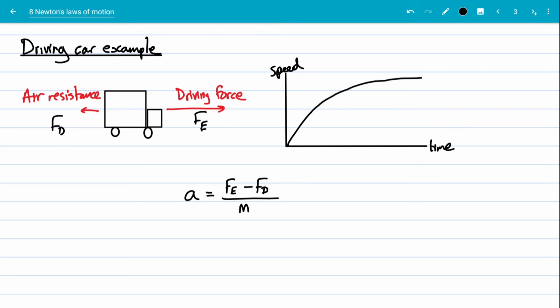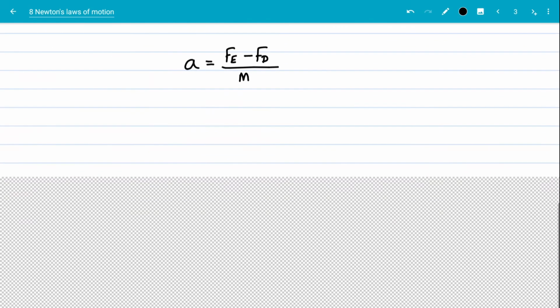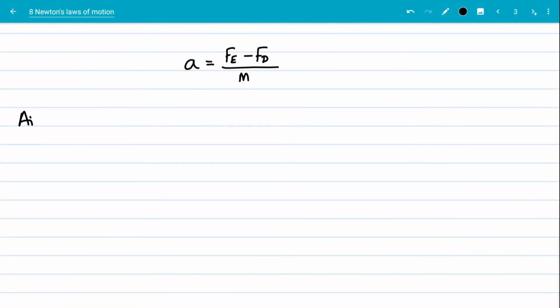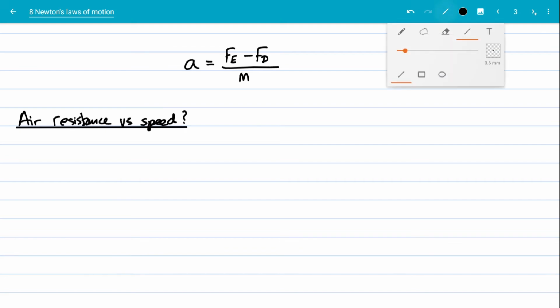So what's the relationship between the air resistance and the speed? Well, that's complicated, because there isn't one single way of calculating air resistance.